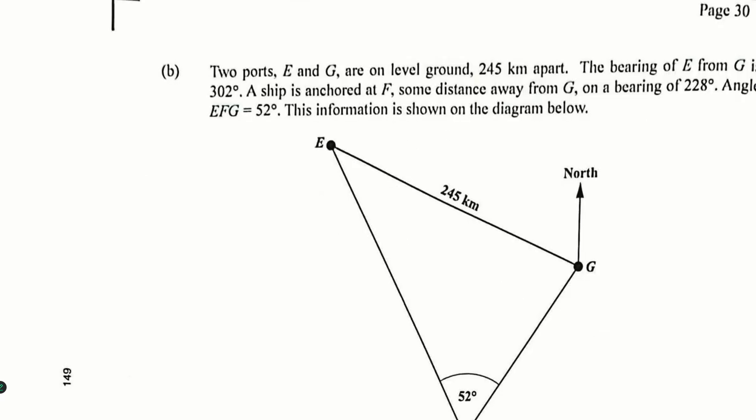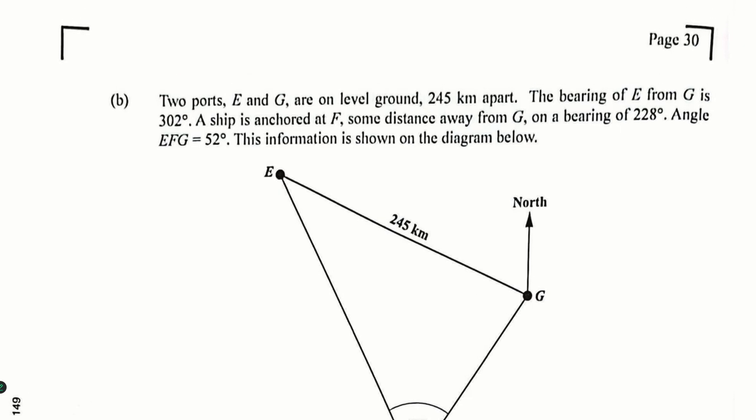Port E and G are on the level of the ground 245 kilometers apart. So E and G are 245 kilometers apart. The bearing of E from G, so from G to E, always going in a clockwise direction, is equal to 302 degrees.